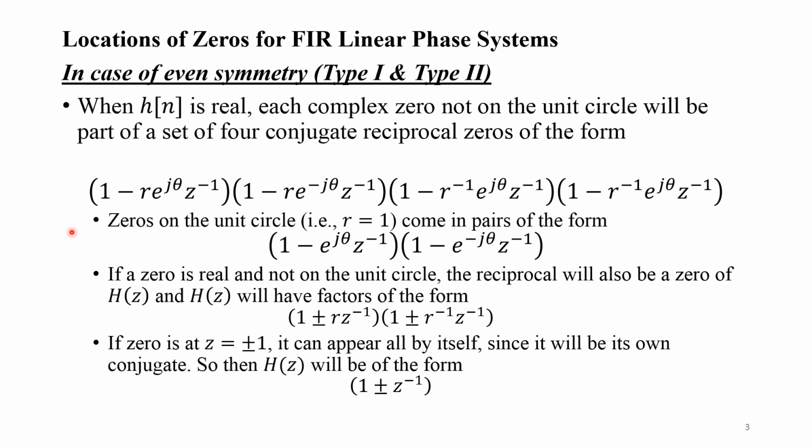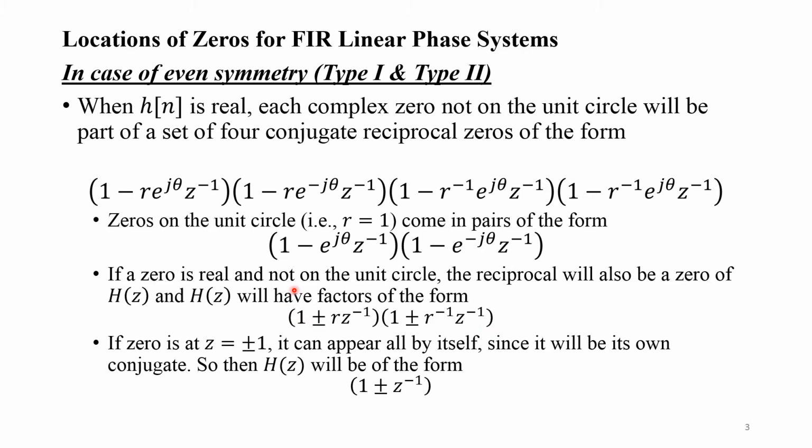The other case is if the zero is real and not on the unit circle. The reciprocal will also be a zero of h of z, and we will have factors of the form 1 plus minus r e^(j theta) z inverse and 1 plus minus r power minus 1 e power j theta z inverse.